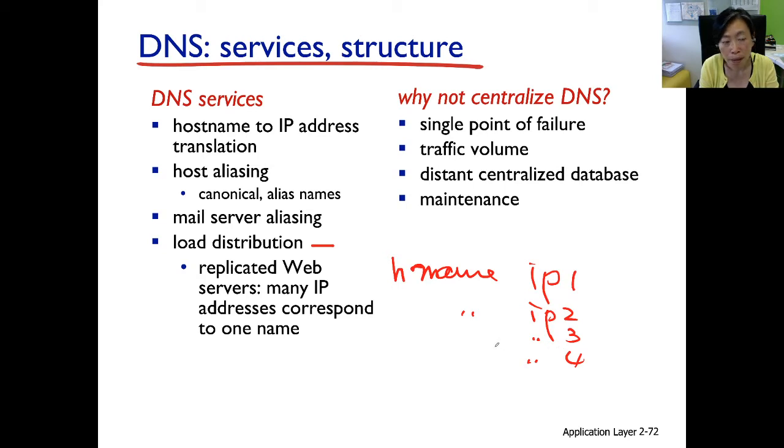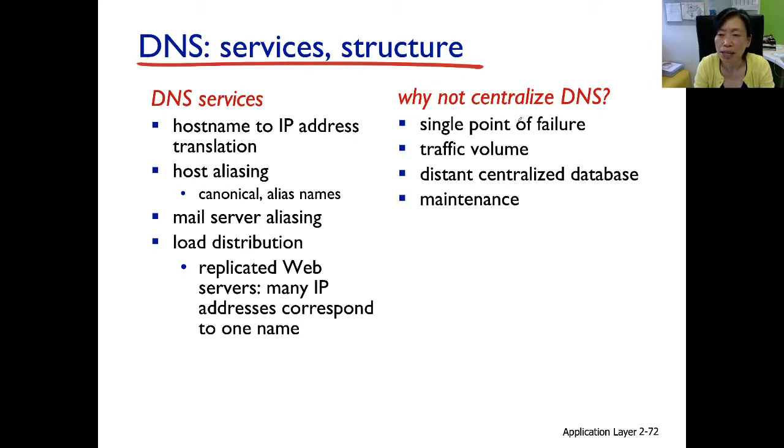What happens here is that the DNS might rotate, returning different IP addresses each time a web browser or an email server looks up the IP address for that particular host name. That way you rotate using different physical machines every time, and therefore distribute the load of the service.